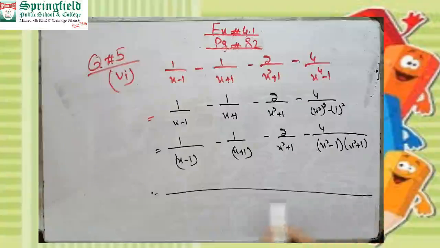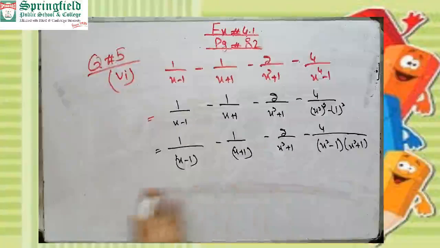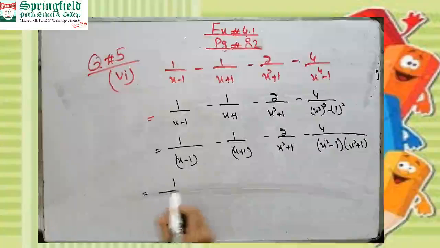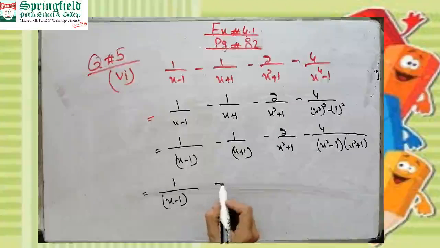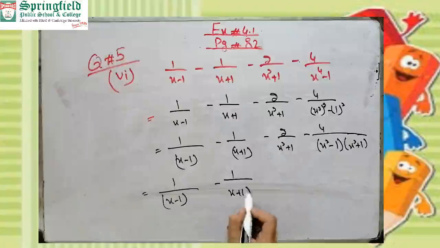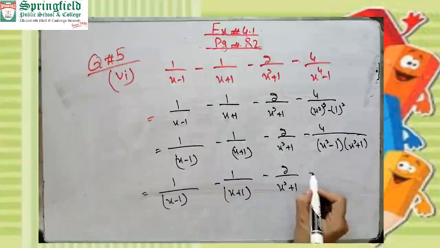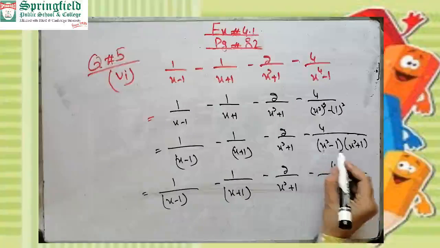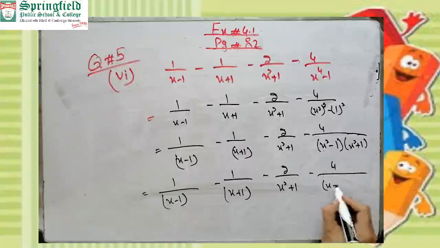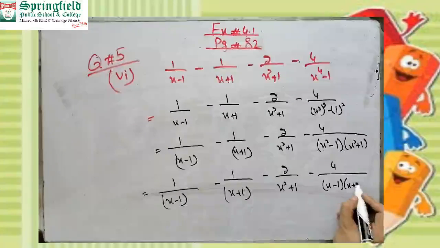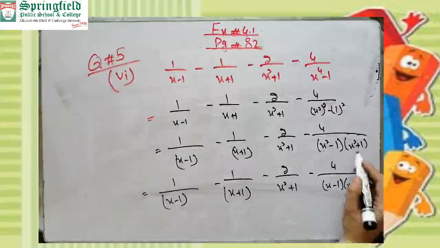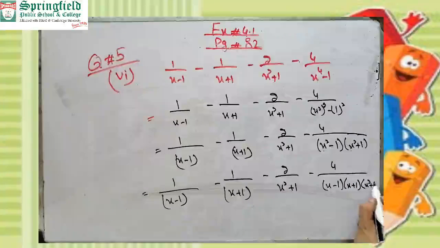So what will be the LCM now here? Again, it can be simplified: 1 divided by x minus 1, 1 divided by x plus 1, minus 2 divided by x square plus 1, minus 4 divided by x square minus 1 square, which is x minus 1, x plus 1, and x square plus 1 cannot be further factorized.